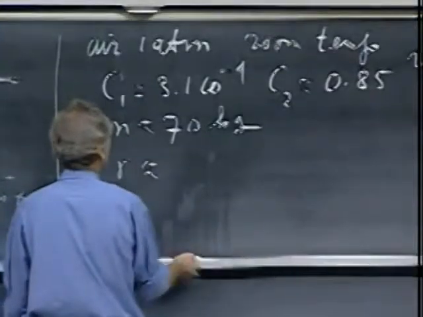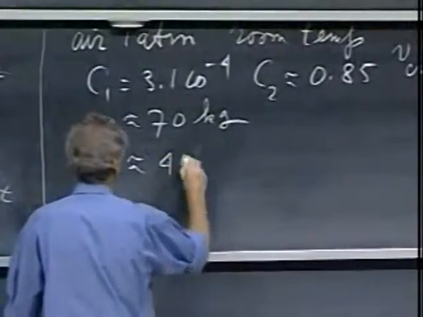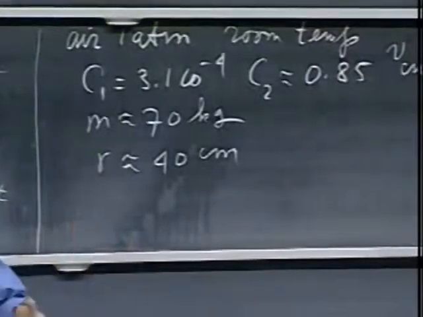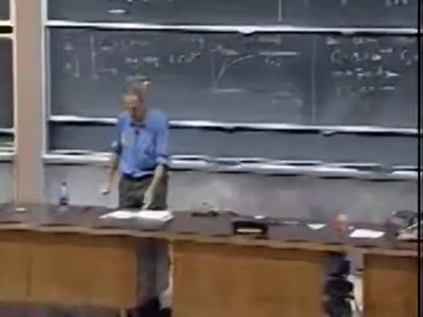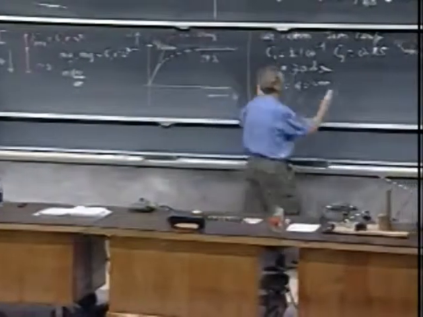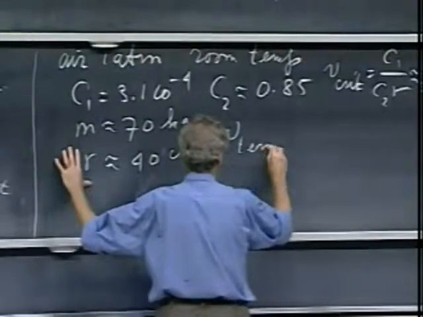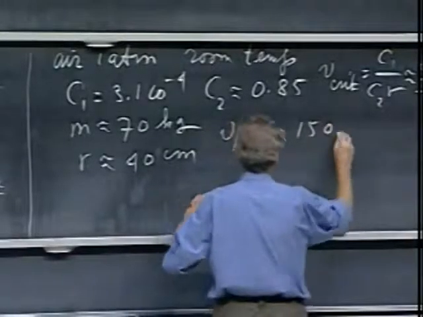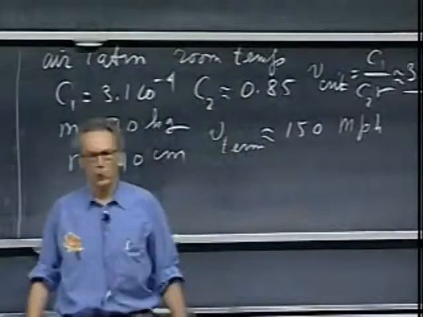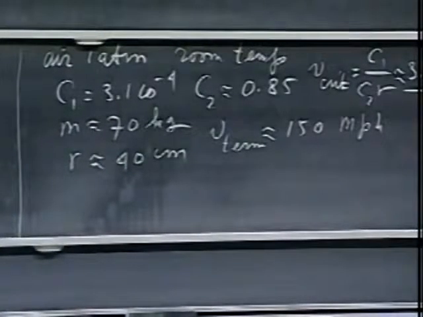If I can approximate you by a sphere with a radius of about 40 centimeters, that's also an approximation. You're not really like a sphere, but I want to get some rough numbers. Then the terminal velocity is 150 miles per hour. So if you jump out of a plane and you have no parachute, you will not go much faster than 150 miles per hour.